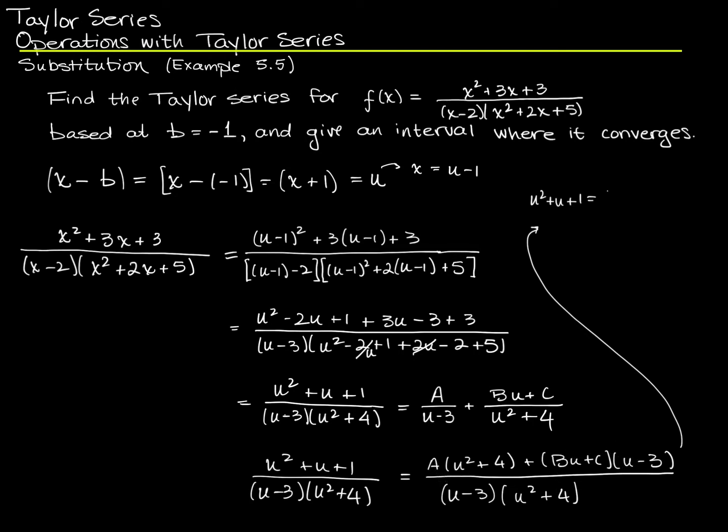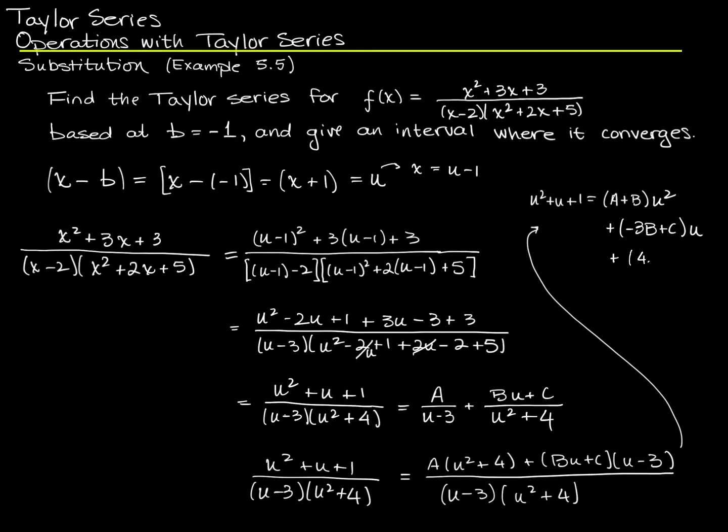So I have Au squared plus Bu squared. If I factor the u squared out, I get that. And then my linear terms are Bu times negative 3, so I have negative 3Bu, and then plus Cu. So I have negative 3B plus C times u. And then for constants, I have 4A and minus 3C.